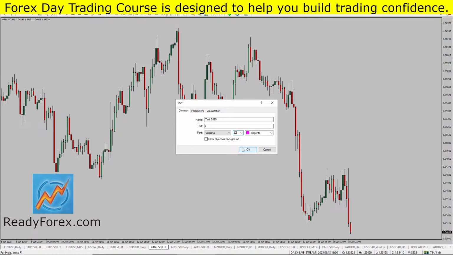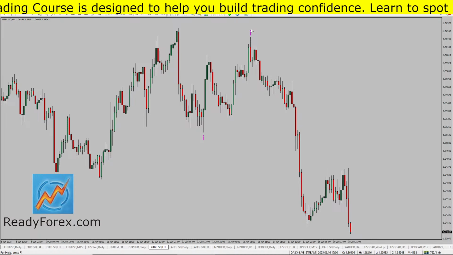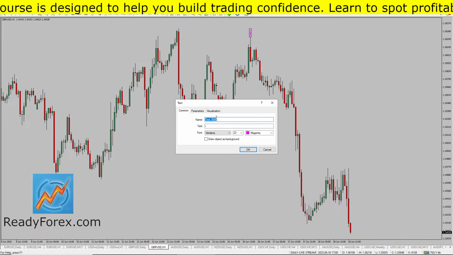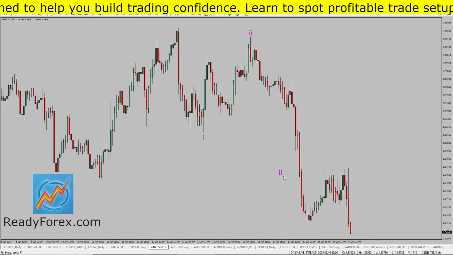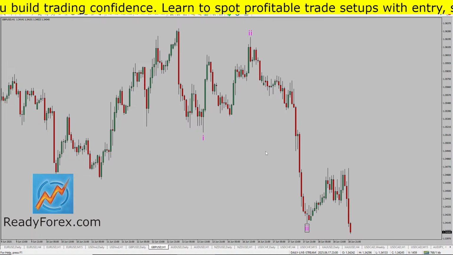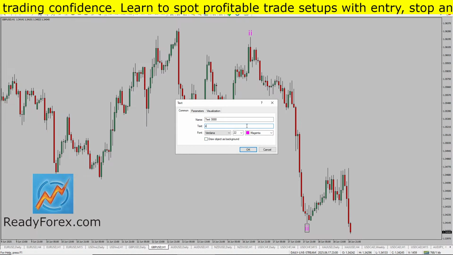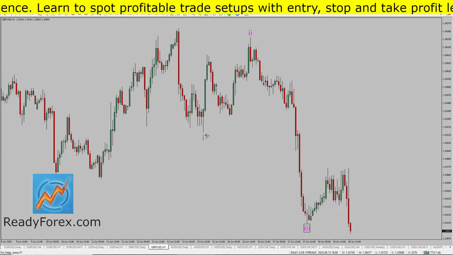Okay, wave 1, and right up there this is wave 2, and this looks to me like wave 3, or maybe wave 3 is still going on. Let me check it out.